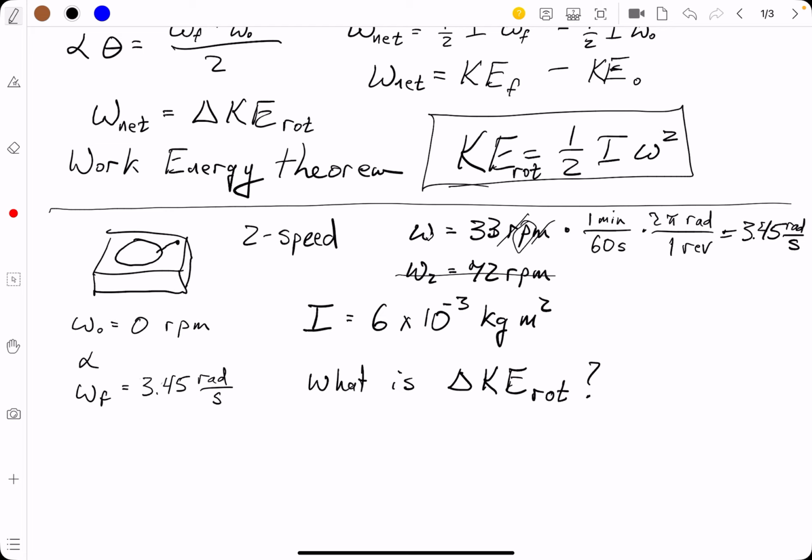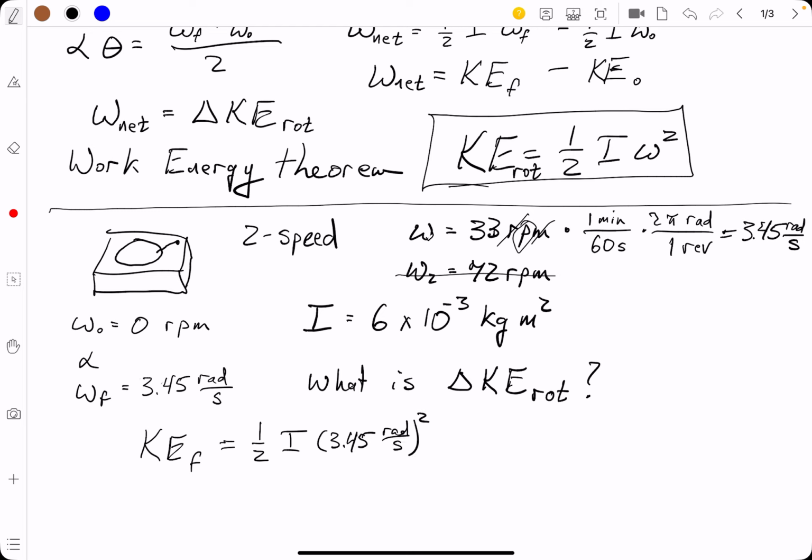We want to do KE initial and KE final. KE final is going to be equal to 1/2 I, which doesn't change, just like mass doesn't change, omega final squared. So instead of putting omega final squared, I'm going to put 3.45 radians per second, and I'm going to square that.